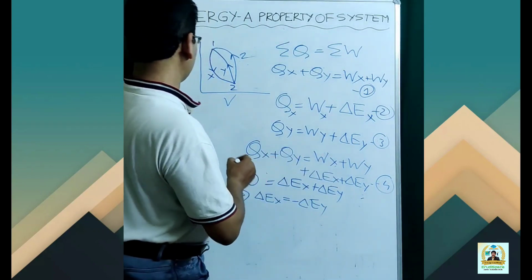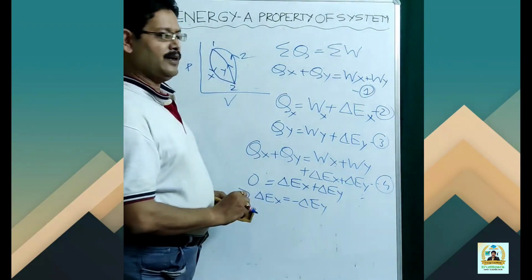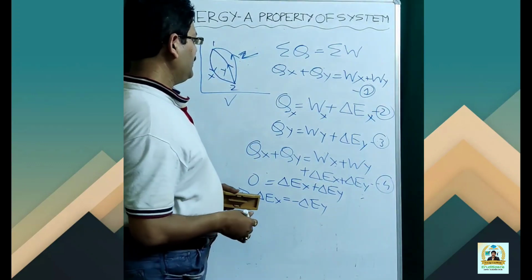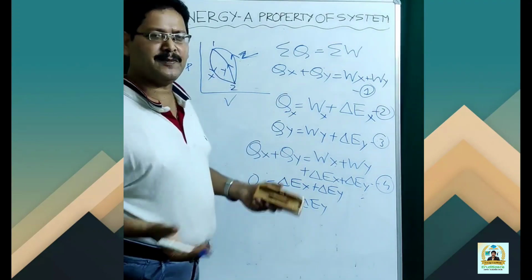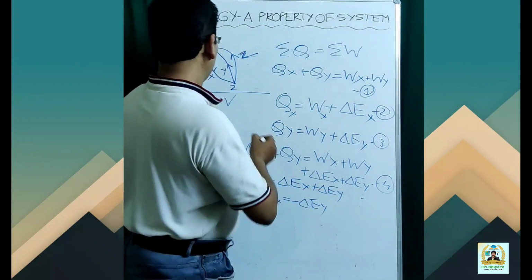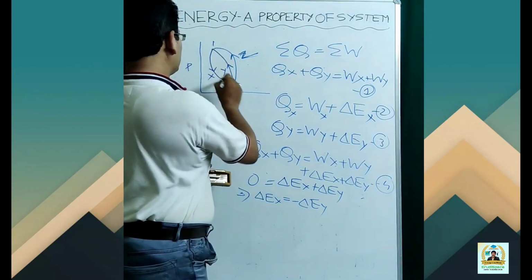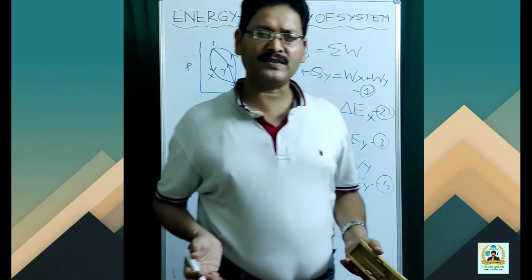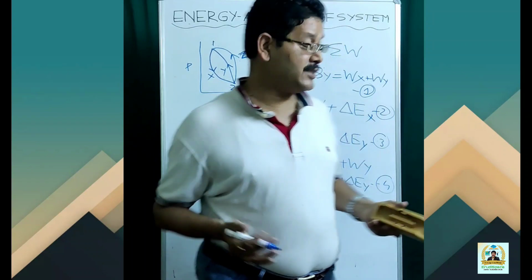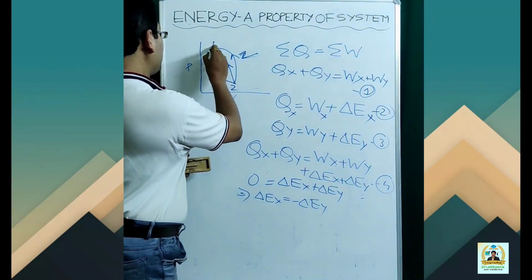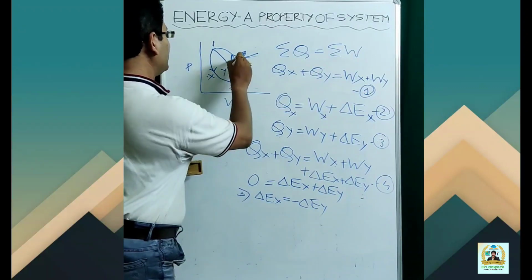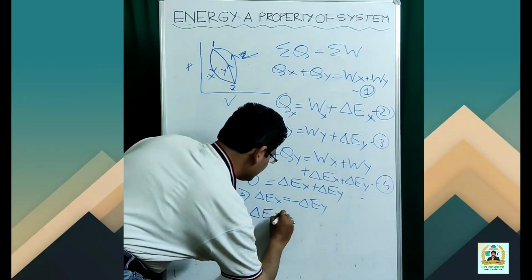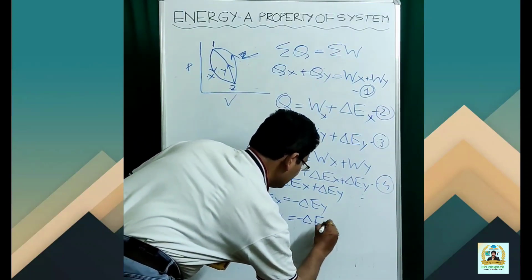In that case, we have to consider processes 1x2 and 2z1, and we can find out similar expressions to what we got when we considered 1x2 and 2y1, and again we can apply the first law for a closed system undergoing a change of state, considering the paths 1x2 and 2z1, and we can find out delta Ex is equal to minus delta Ez.